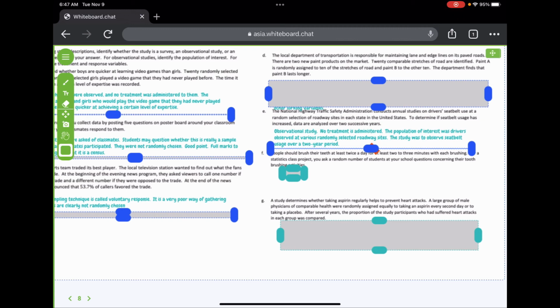The population of interest was drivers observed at various randomly selected roadway sites, and the study was to observe seatbelt usage over a 2-year period. Okay, so what you're looking for is the usage over a 2-year period. Your population was randomly selected roadway sites, so you can't know who's going to be traveling on those roadways at certain times, so it's very random.